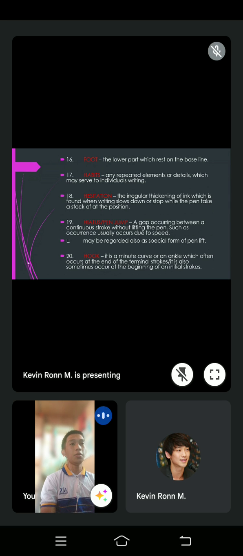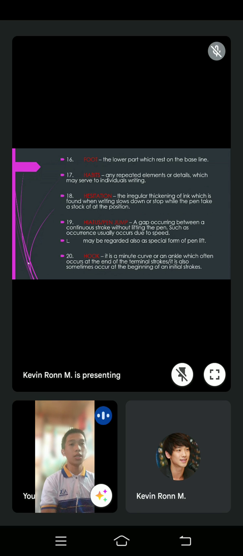Number 18, hesitation. The irregular thickening of ink which is found when writing slows down or stops while the pen takes a stroke, at the position.